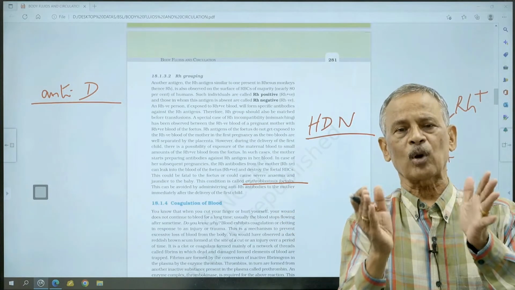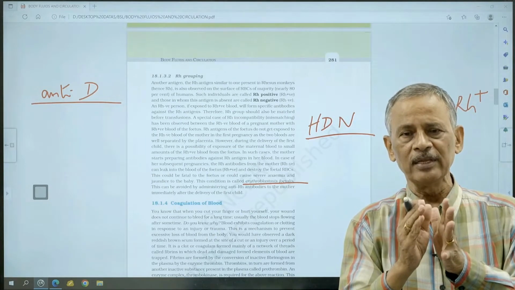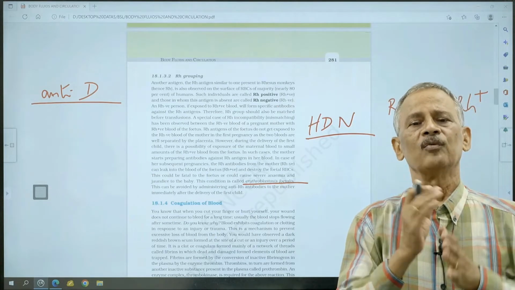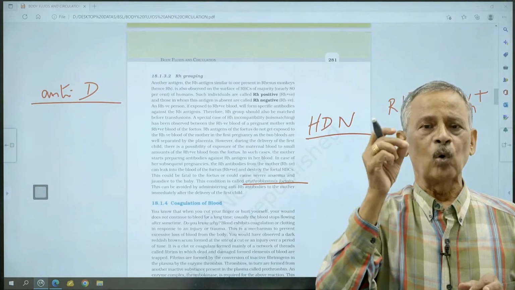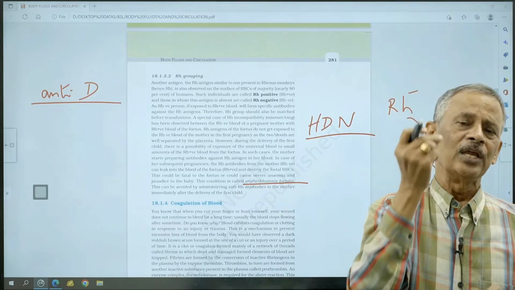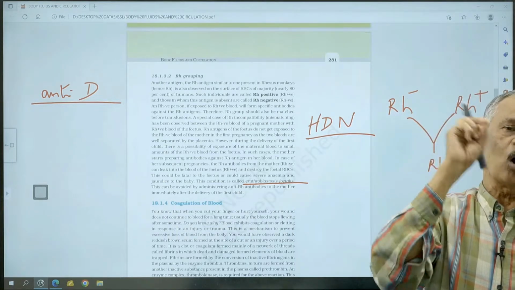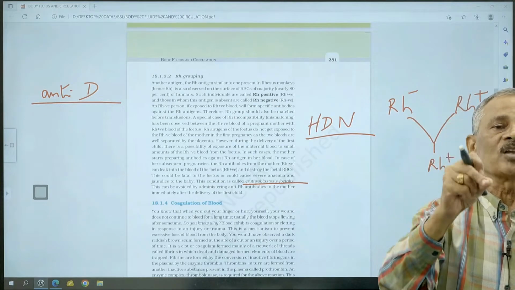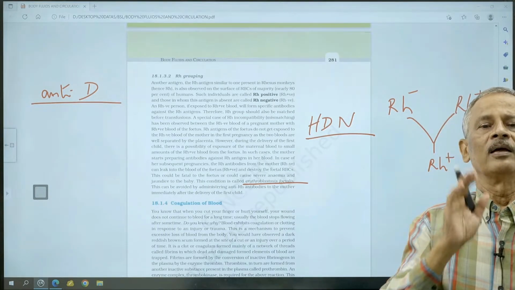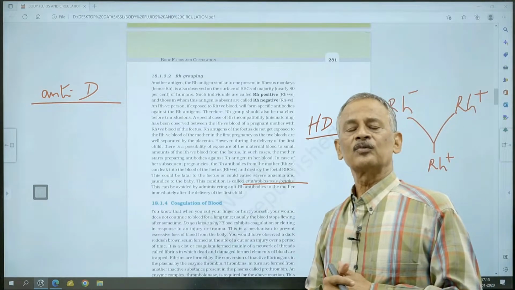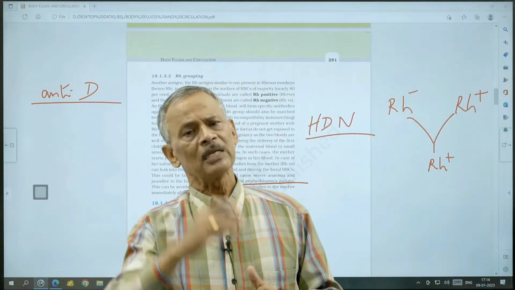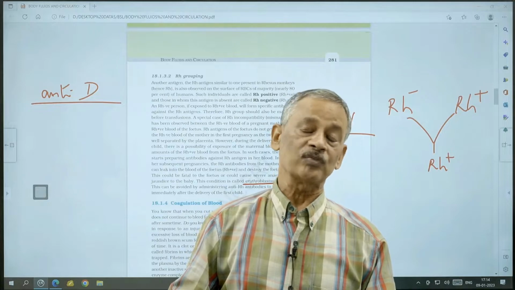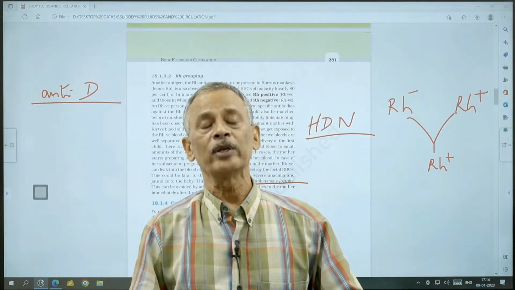Blood vessels are broken and there is definitely bleeding, and the fetal blood will be slowly, a small quantity, introduced into or absorbed into the circulatory system of mother. So this occurs towards the end of pregnancy and during delivery.